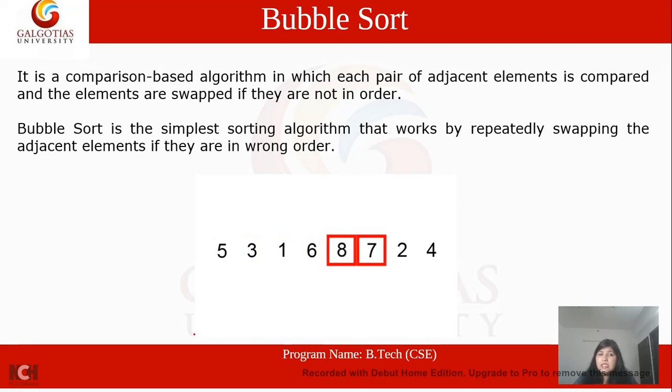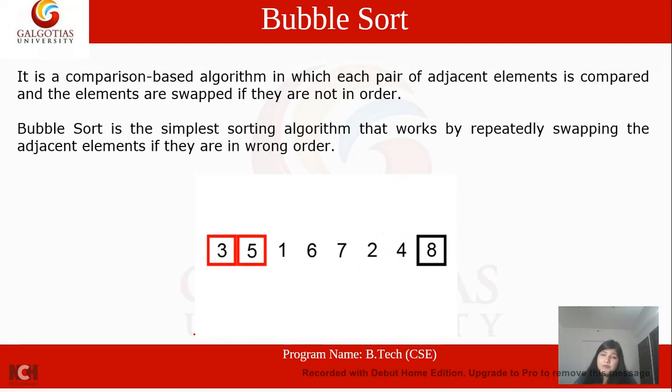So basically we choose a pair of elements, and between the pair we swap according to a condition or comparison. Bubble sort is the simplest sorting algorithm that works by repeatedly swapping adjacent elements if they are in the wrong order.